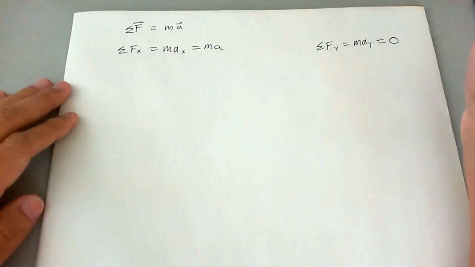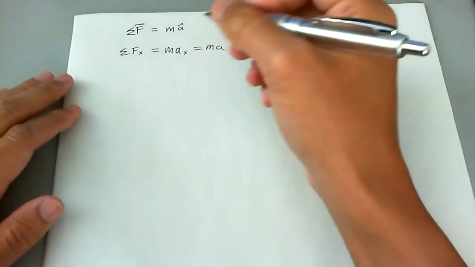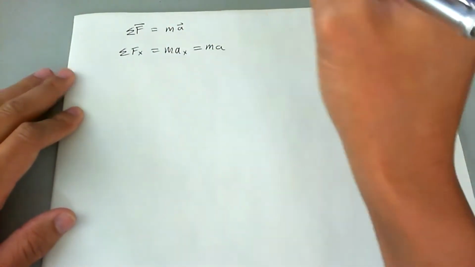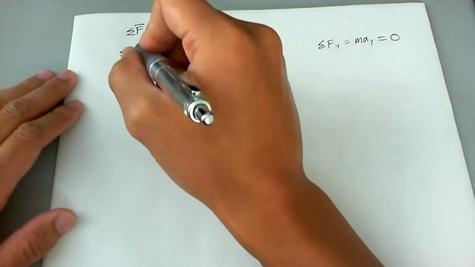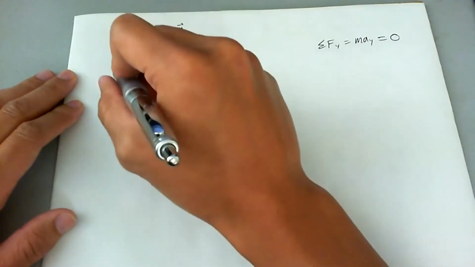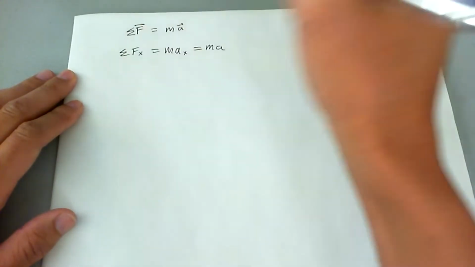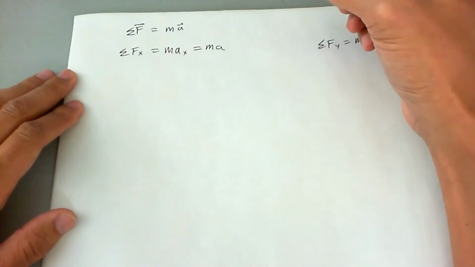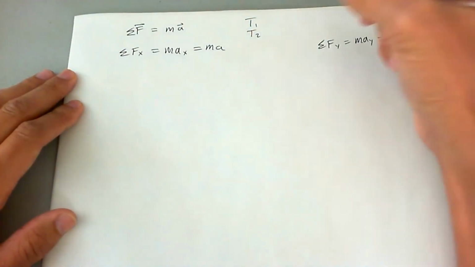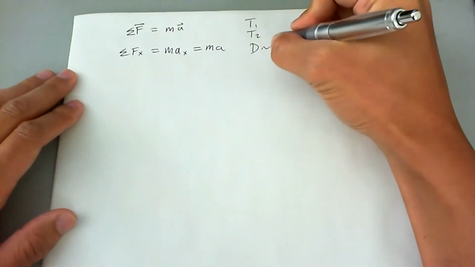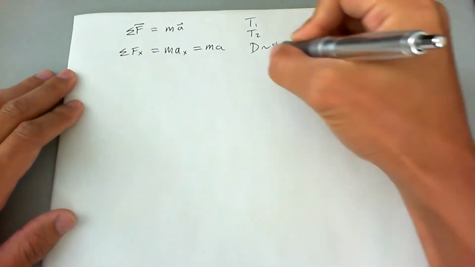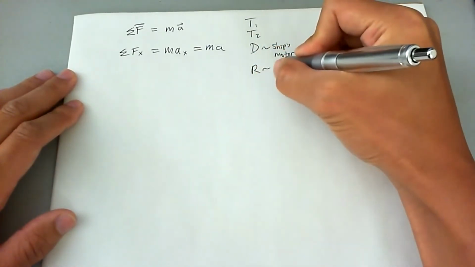Okay, let's go ahead and list all the forces in the X direction first, and then we'll do the Y direction as needed. You have two tugboats, T1 and T2. We have D, which is the force of the ship's motor, and then we have R, which is the resistance due to the water.